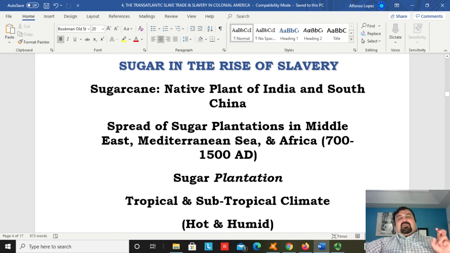So sugarcane is a plant that was domesticated thousands and thousands of years ago in a region that today is the Indian subcontinent, the country of India, and parts of South China as well, in Southeast Asia. So this is the native region of sugarcane.